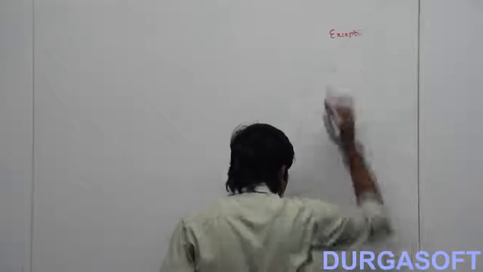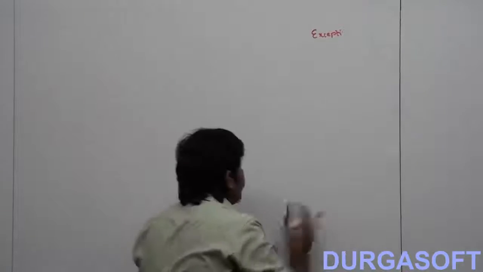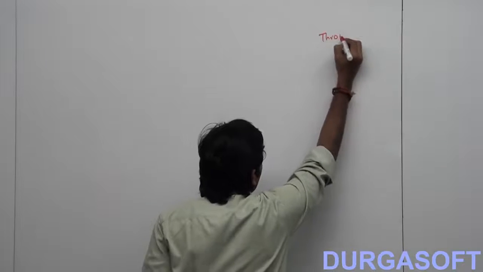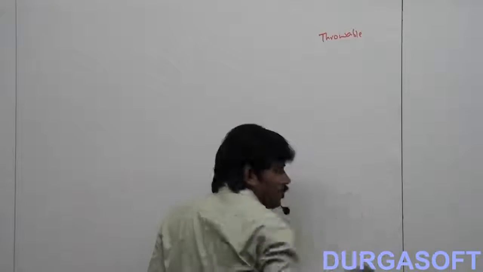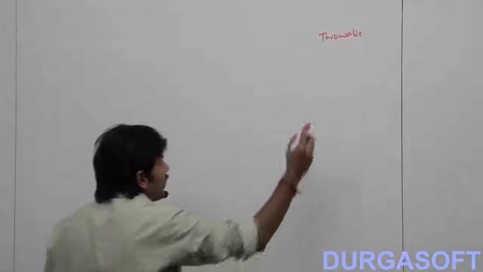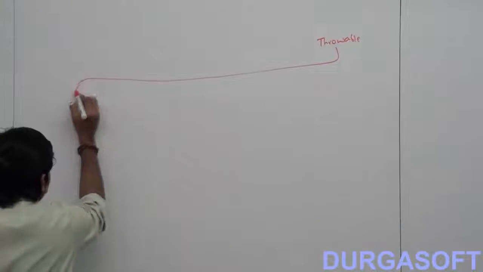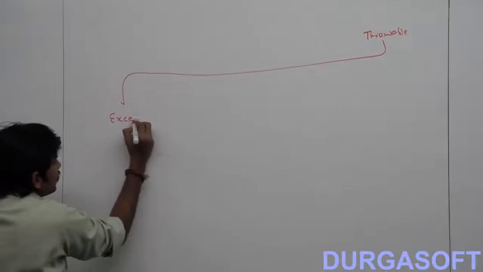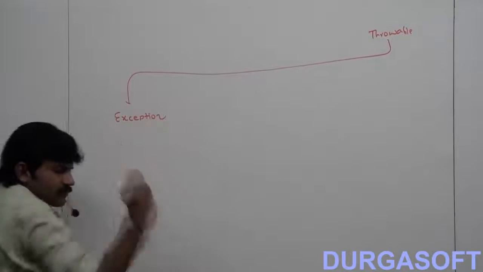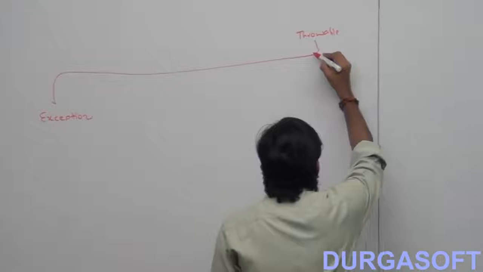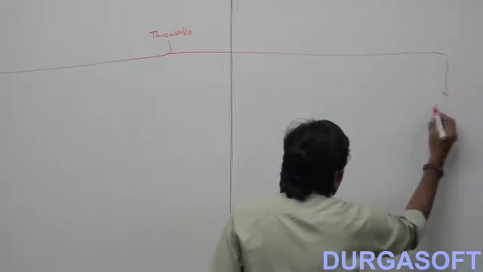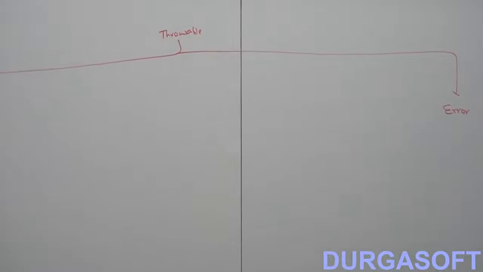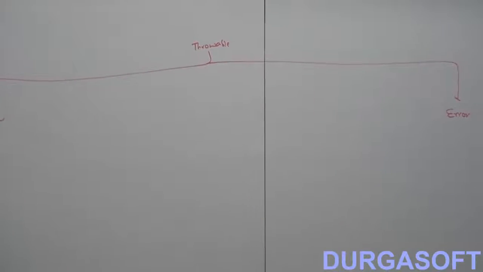Throwable is a class which acts as the root of the exception hierarchy. Throwable contains two child classes. Can you spell out the first child class? Exception. The second child class is Error.